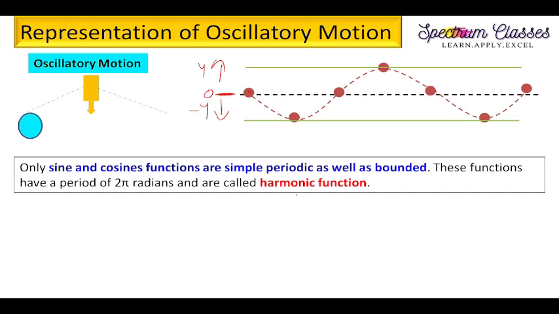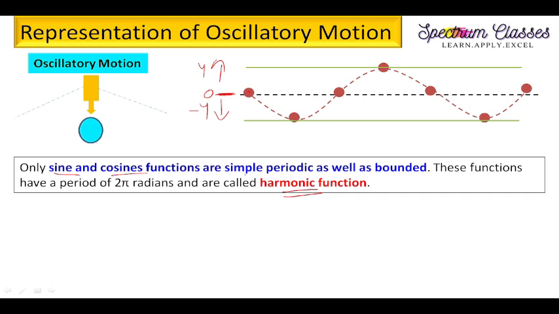Now coming to harmonic functions and harmonic motion, because oscillatory motion or oscillations are also known as simple harmonic motion. How was the term simple harmonic motion introduced? That is again very important, and to understand that term we first understand what harmonic functions are. In mathematics or trigonometry, this kind of function can be defined by the sine or cosine functions.